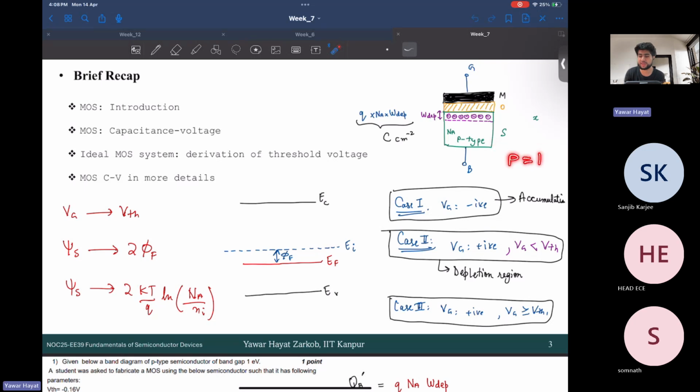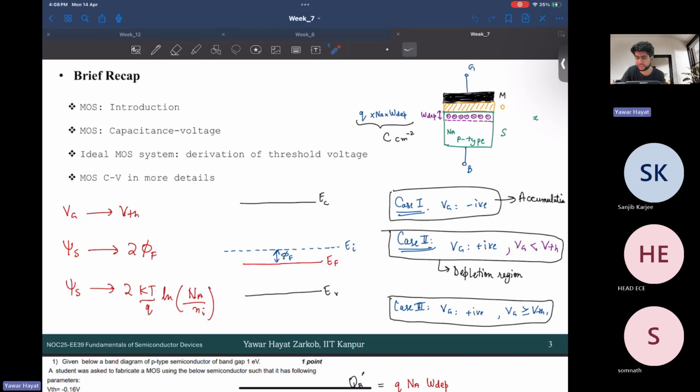Would you agree if I write P equal to Na? The majority carrier concentration is replaced by Na. What is the electron concentration? That would be ni squared by Na, which is pretty small, because it's a P-type substrate.